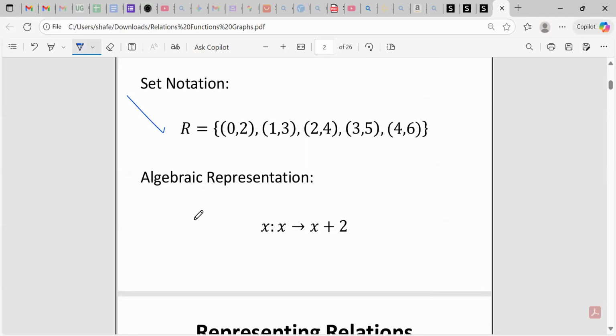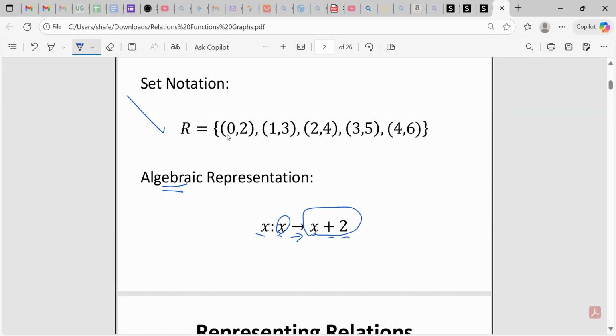And more to what we were doing for a couple of weeks now, this matter of algebra, we can write it using algebra now, right? And this is how we read this: x is such that x maps onto x plus 2. So x is like the input and the output is x plus 2.